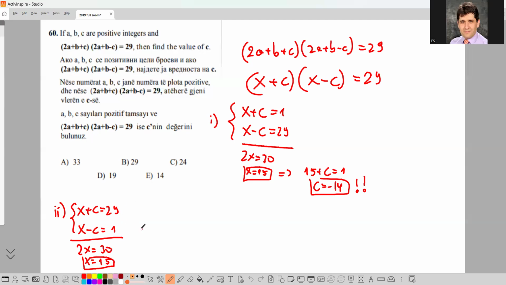And then if I substitute in the first equation, I get 15 plus c is 29. So c is 14. Actually, the value of c is 14. If someone is wondering, is there any other option? Because 29 is a prime number, we don't have any other options. It must be either 1 times 29 or 29 times 1. There is also the option of negative numbers, but that we canceled in the beginning.